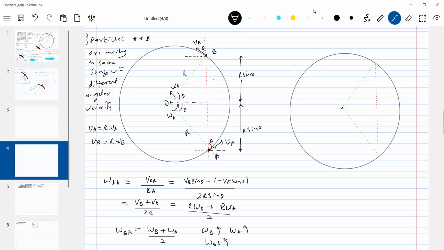Now the particles are moving in opposite sense. This will be VB. This will be VA. So this is again R. Omega B and omega A like this. What about omega B? So let this be theta.